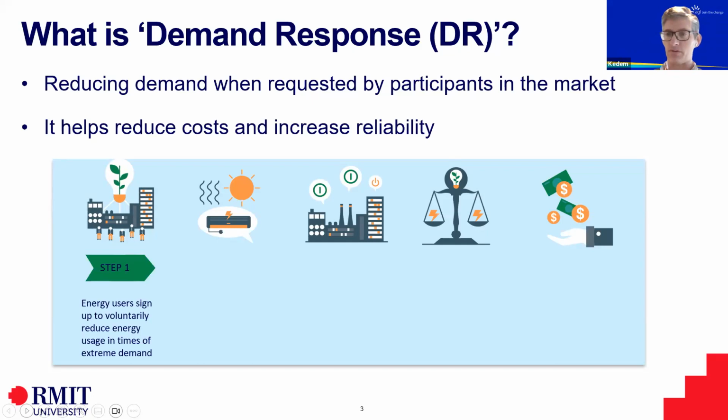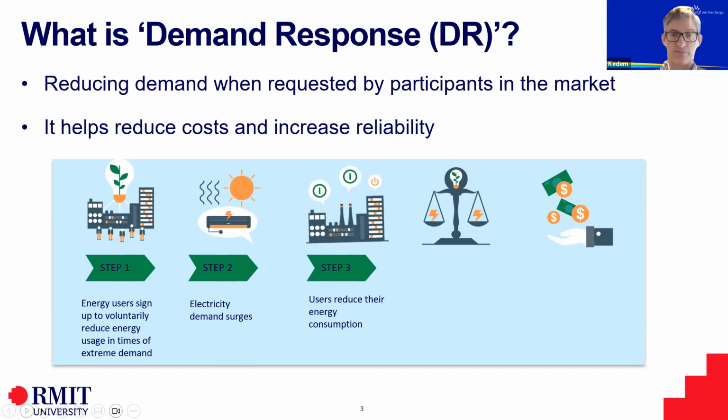And the way they do it is that they can reduce demand when requested by participants in the market. The timing for those requests will usually be when the demand surges. By reducing customers' demand, they reduce the pressure on the grid, and that helps the balance between supply and demand.